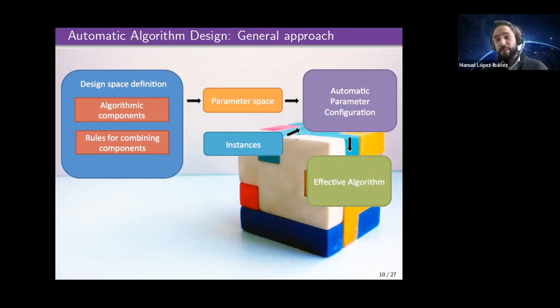that we can optimize. When we set values to the parameters of this parameter space, we are generating designs, but we don't want to search the parameter space ourselves. Normally, it's very large.